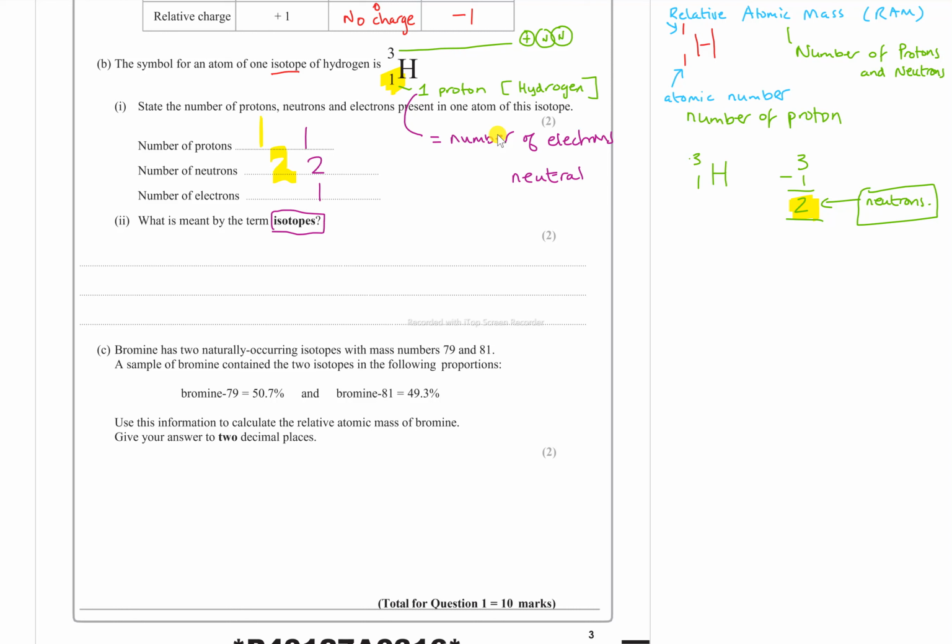What's the term isotope? So you've got to learn this. I'll write it here.